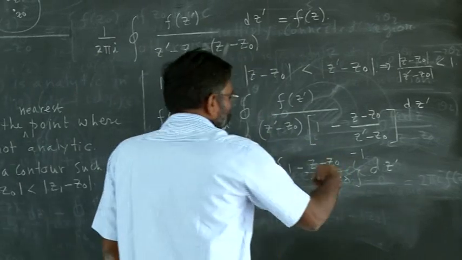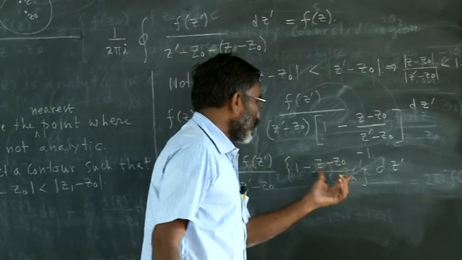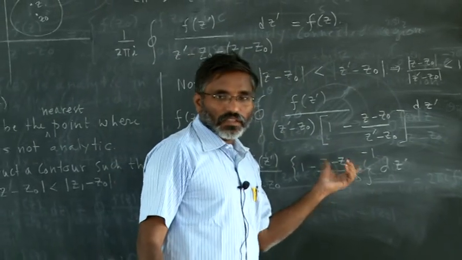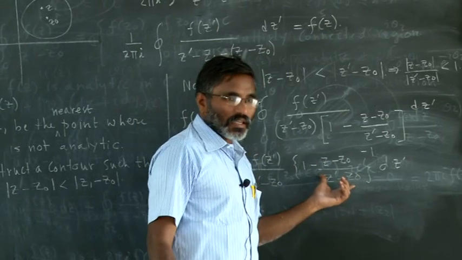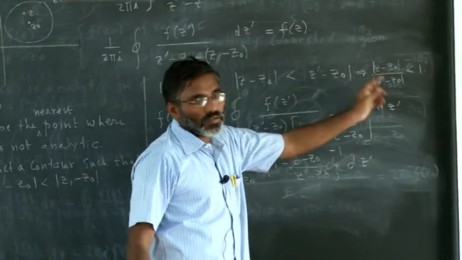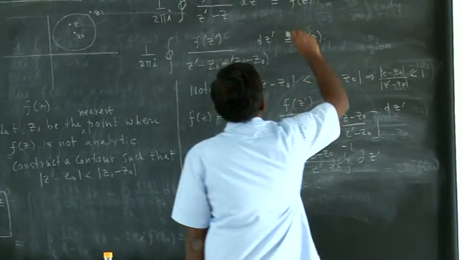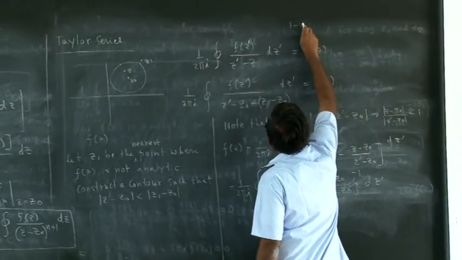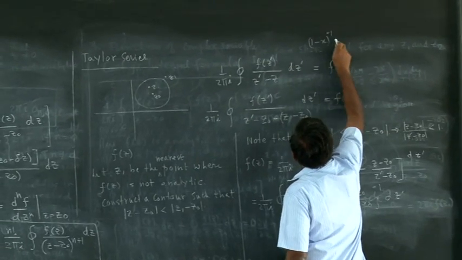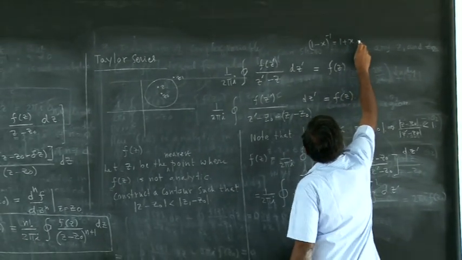Now this one can be expanded in a binomial series, and this will converge if the modulus of this one is less than 1, which is the case according to what we have considered. So what is the expansion? 1 minus x to the power minus 1 is equal to 1 plus x plus x squared and so on.